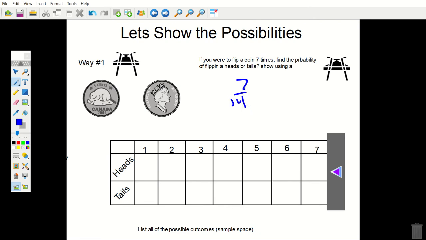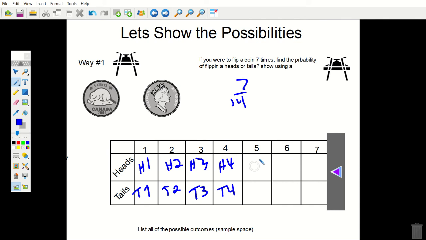Now, if you're going to show a chart to organize those outcomes, on your first flip, you could get heads. On your first flip, you could get tails. Second flip, heads. Second flip, tails. Third flip, heads. Third flip, tails, etc., all the way to the end.